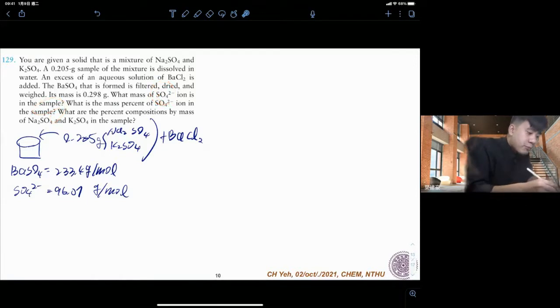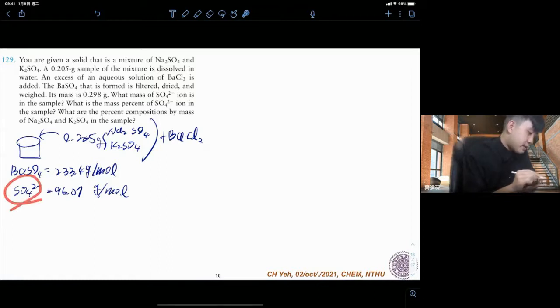So I think this problem is very easy because we know the molar weight of the sulfate ion, and we know the molar weight of barium sulfate. So we can calculate how much mass of sulfate ion there is by the composition, right?